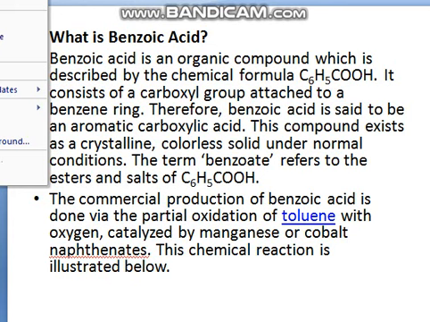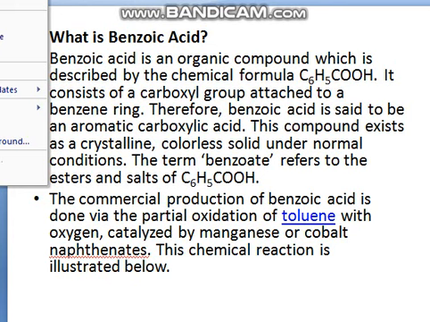This compound exists as a crystalline colorless solid under normal conditions. The term benzoate refers to the ester and salt of C6H5COOH.